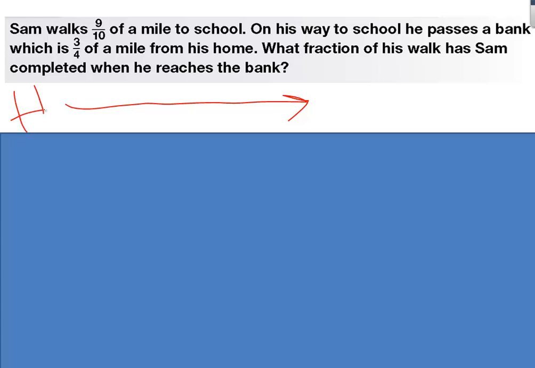Here's his home. Here's the school. It's not a full mile. It's 9/10 of a mile. So our whole amount is 9/10, and our portion is 3/4. So part goes on top, whole goes on the bottom.